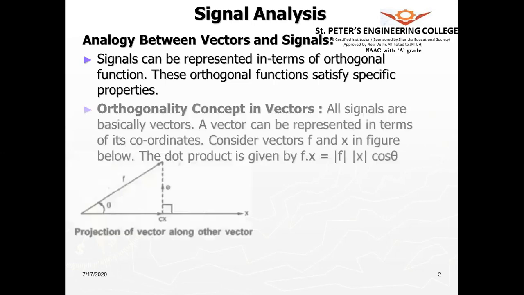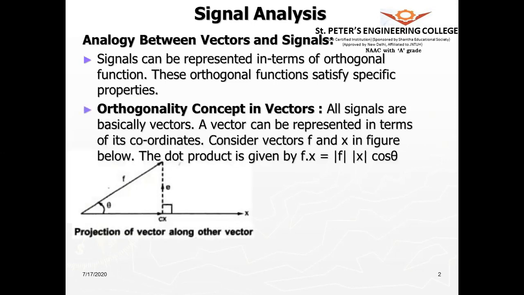Let us look into the orthogonality concept in vectors. All signals are basically vectors, and a vector can be represented in terms of its coordinates. So if you consider two vectors f and x, we can compute the dot product of the two vectors using the formula f dot x.